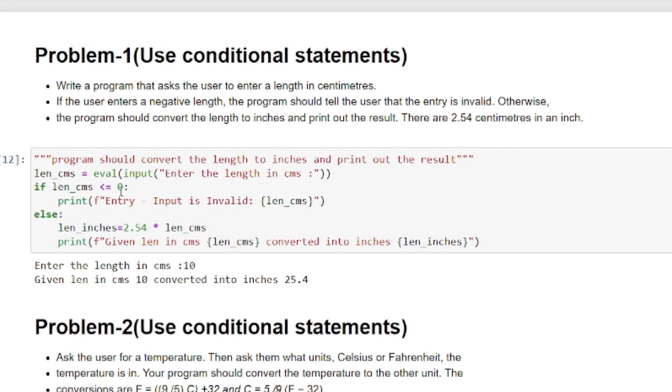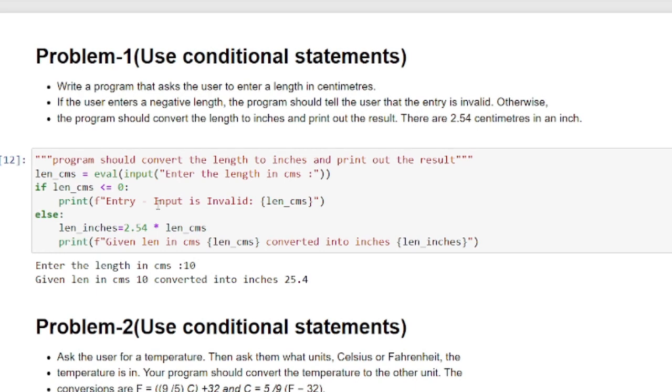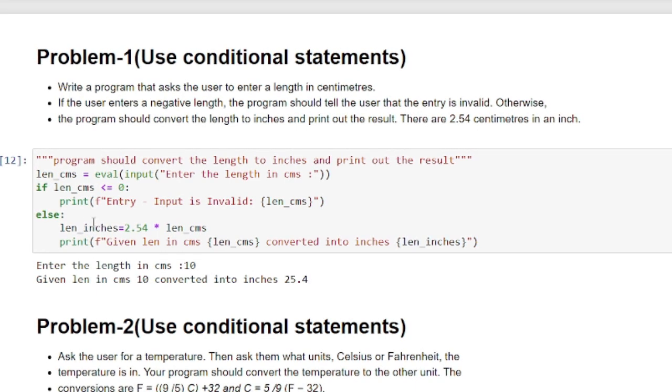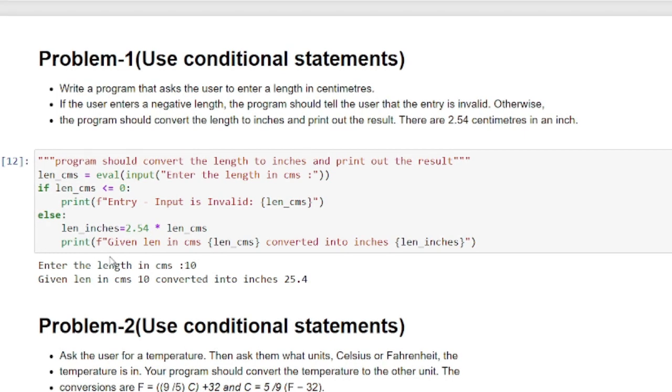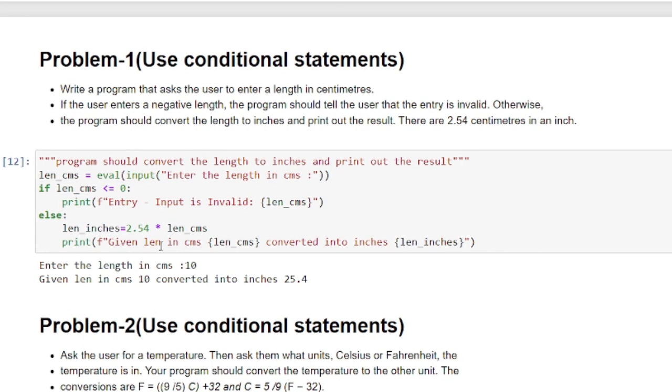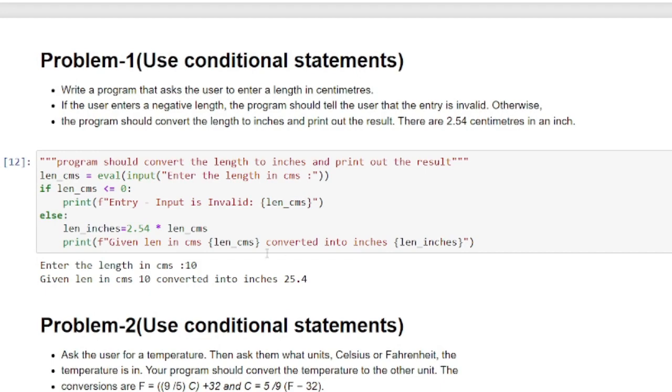If the input is less than or equal to 0, I am printing that the entry is invalid. Otherwise, I am converting into inches by multiplying 2.54 with the centimeters. Finally, I am printing an f-string giving the length in centimeters converted into inches. So this is the first exercise.